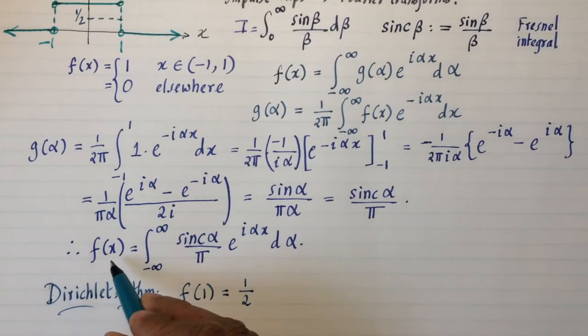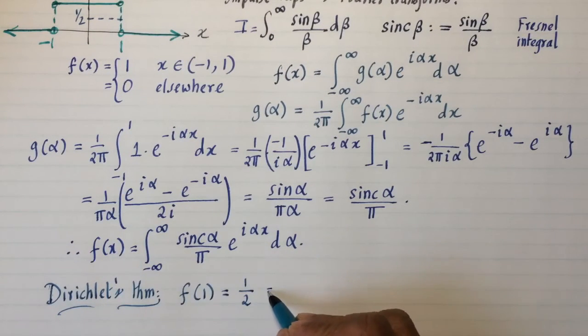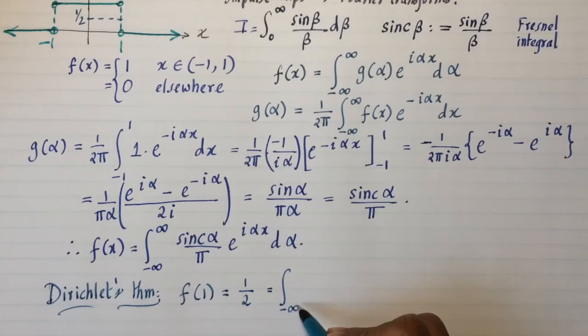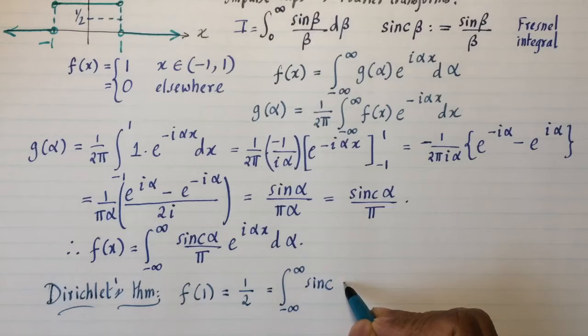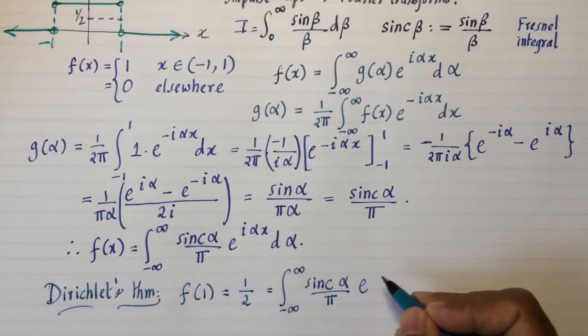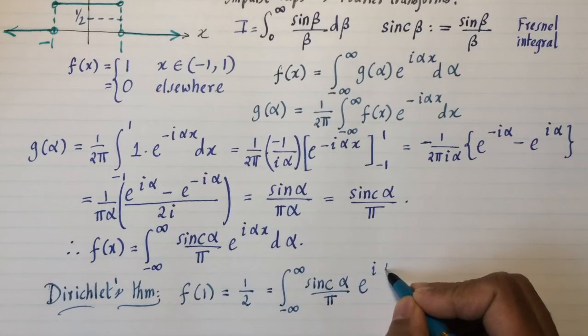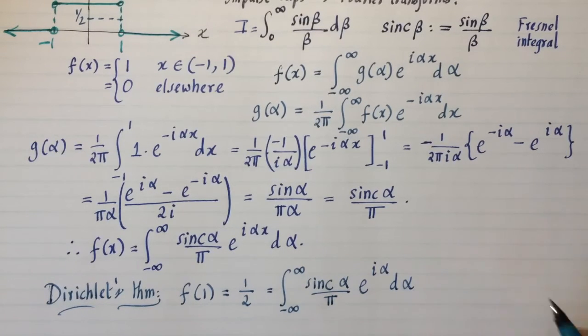Let's put the value 1 in that equation. So I'm going to get the integral from minus infinity to infinity of Sinc alpha over pi e to the I alpha d alpha.